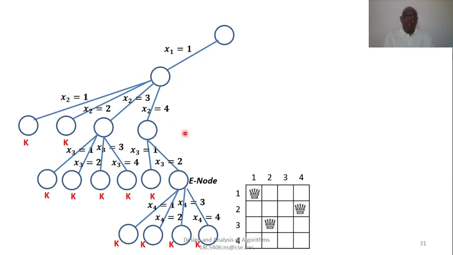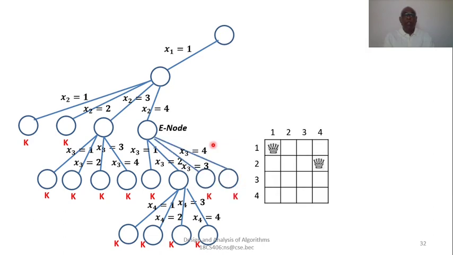What are the other unexplored values of x3? The other unexplored values of x3 are 3 and 4, because we have already explored the possibilities of x3 equal to 1 and x3 equal to 2. So we go back and look at the possible values of x3 equal to 3 and x3 equal to 4, and we find that the resulting children will not satisfy the bounding function, and hence these nodes also will be killed.